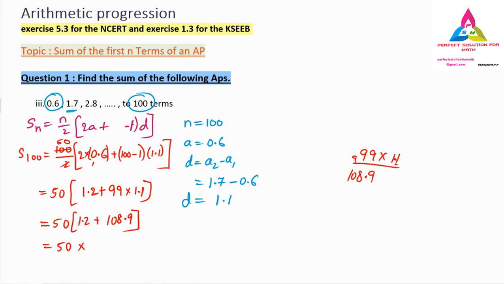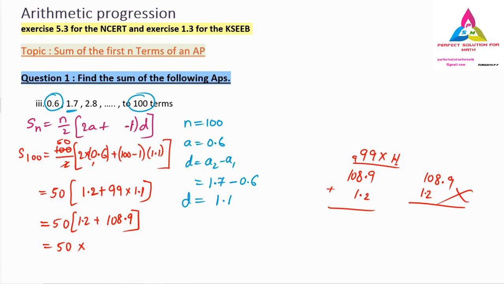Now you see 108.9 plus 1.2. Several students will go wrong here. When we have 1.2, we have to keep it below the point only, so 2 on this side and 1 on this side. I am telling you this because some of you will write it the other way, and then you will do the calculation wrong.